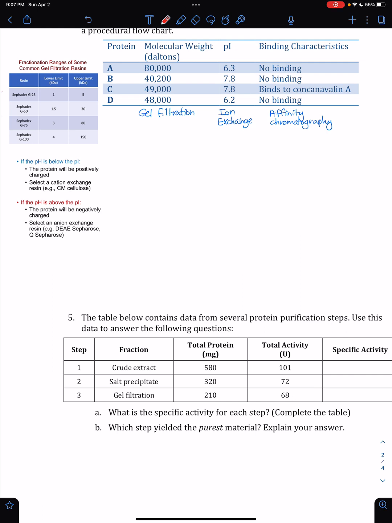So step one, I'm going to do affinity chromatography, and I'm going to use a concanavalin A resin.